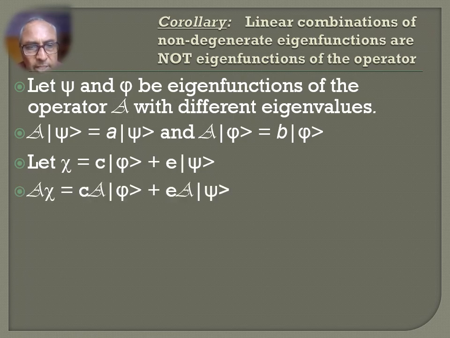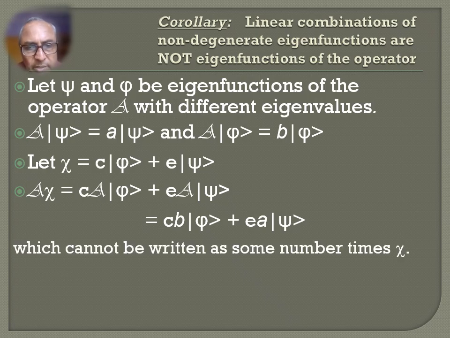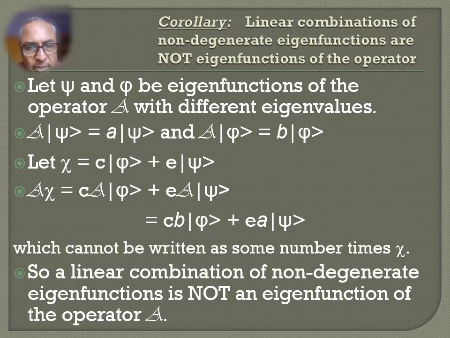Then A operating on chi is equal to c times A operating on phi ket plus e times A operating on psi ket from the linear property, which is equal to cb phi ket plus ea psi ket, which cannot be written in the form of some number times chi. So a linear combination of non-degenerate eigenfunctions is not an eigenfunction of the operator A.